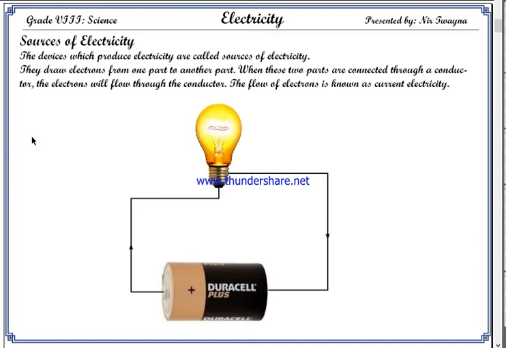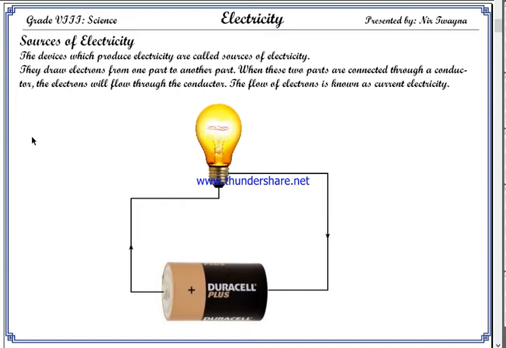Okay, let's first introduce what are the sources of electricity. Well, in previous class, in grade 7, I guess, you studied that energy cannot be created, isn't it? You cannot create energy. What you can do is convert one form of energy to another form.